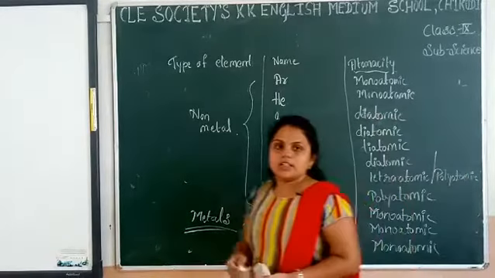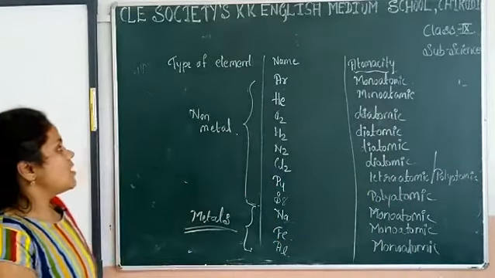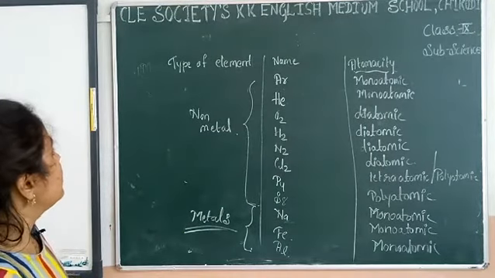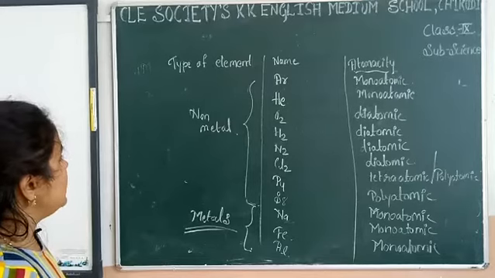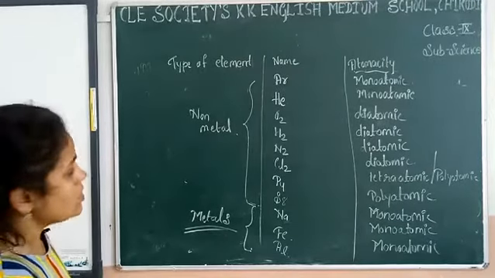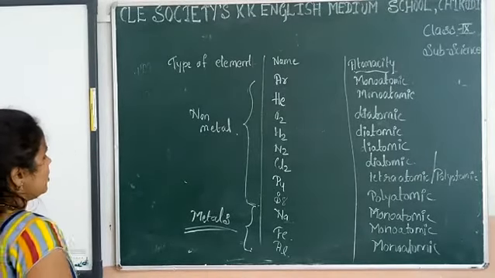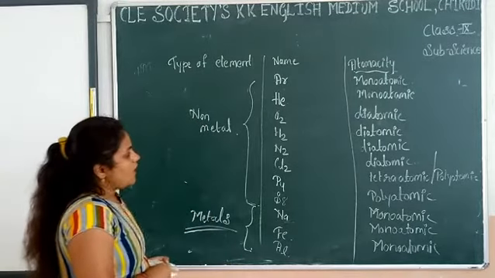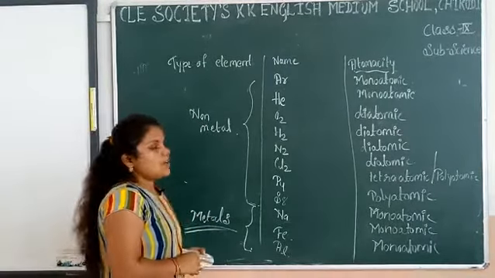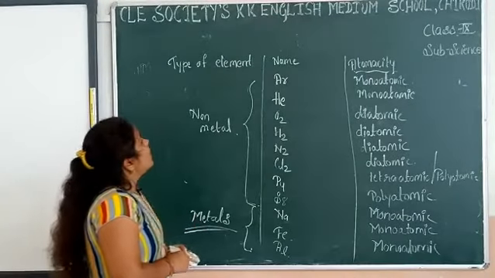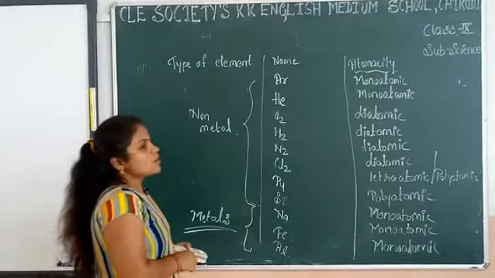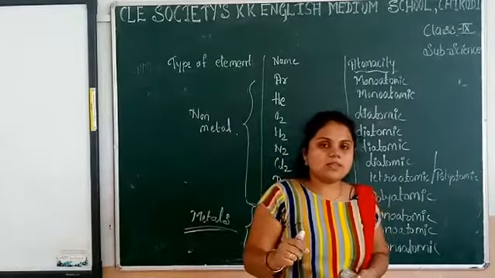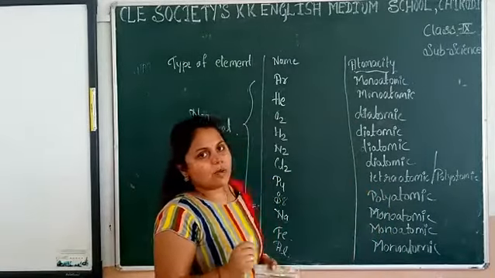So these are some examples of atomicity: argon, helium, oxygen, hydrogen, nitrogen, chlorine, phosphorus, sulfur, sodium, iron and aluminum. These are examples of molecules of the elements.